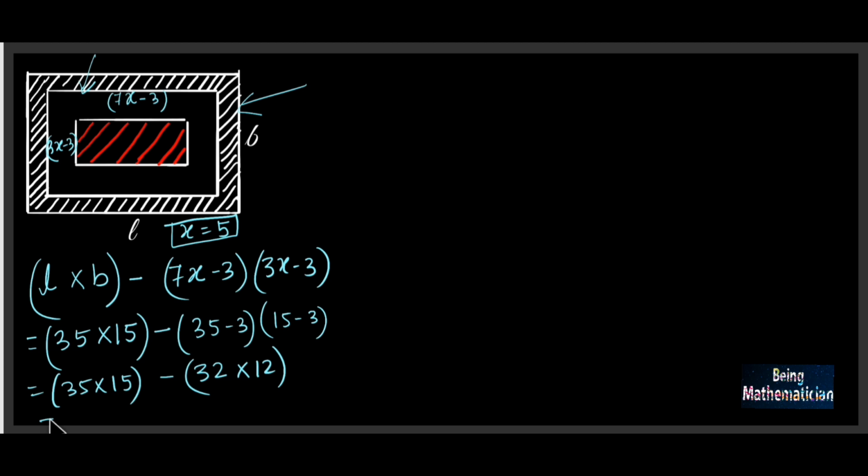So now we can calculate this, and we get 525 minus 384. Now we can subtract 384 from 525, and it is 141 centimeter square. So it is the area of the white shaded portion, and it is our answer.